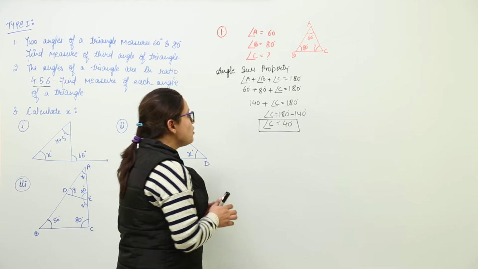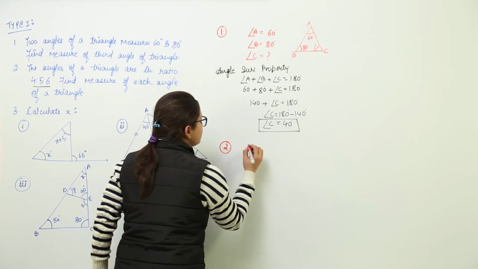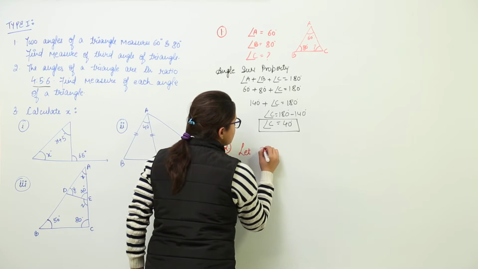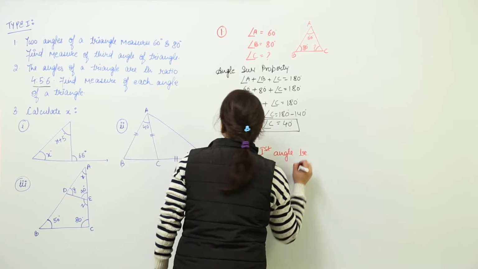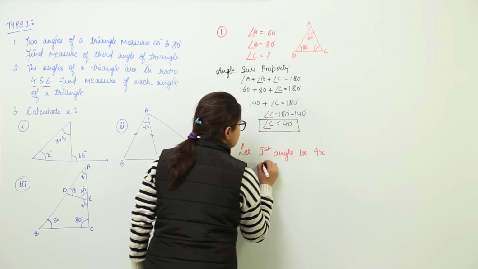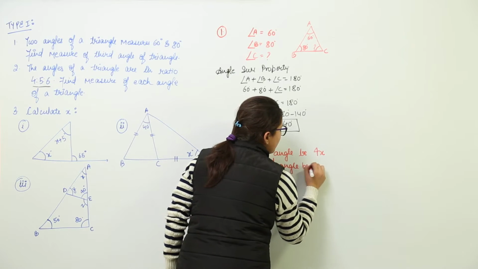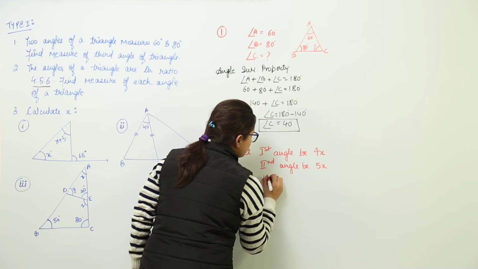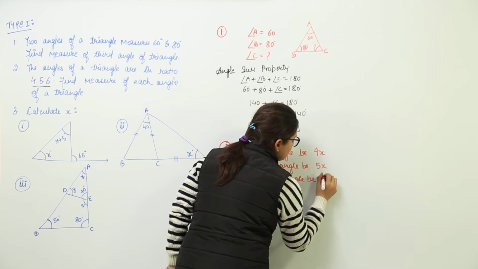So what do we do? We will consider their exact measurement like this. Let the first angle be, what is the first ratio? That is 4. So we write, let the first angle be 4x, second angle will be 5x, and the third angle is going to be 6x as it is in the ratio.